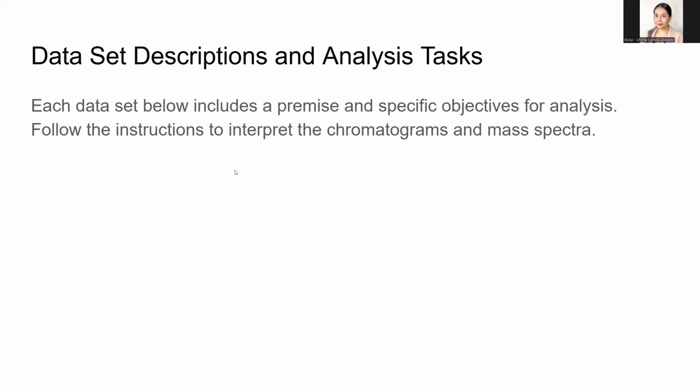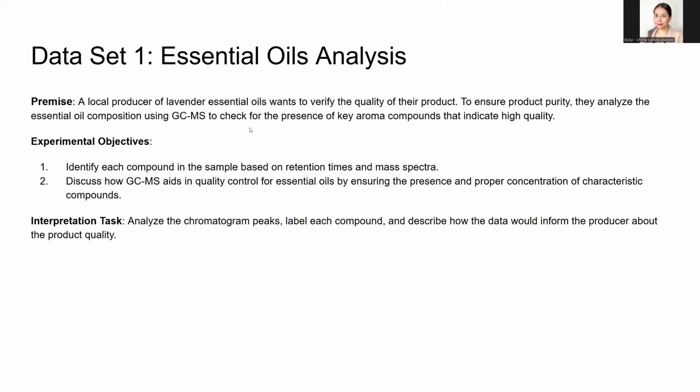So each group will be given a unique data set that includes a premise and specific objectives for analysis. So I need you to follow the instructions to interpret the chromatograms and mass spectra. So for group 1, you will be working on essential oils analysis.